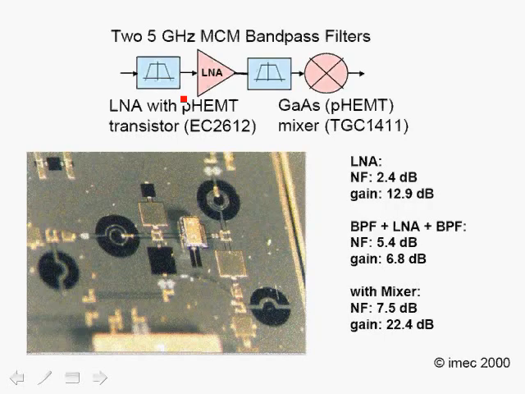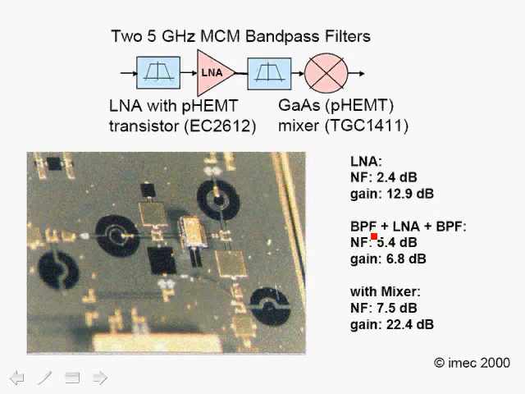Here's an example of a cascade of a system where we have a bandpass filter, the LNA, another filter, and we go through the mixer. And here are some parts for the LNA, and here are some specifications for the LNA. This is from IMEC, published in 2000. The LNA, for example, has a noise figure of 2.4 dB and a gain of 12.9 dB.